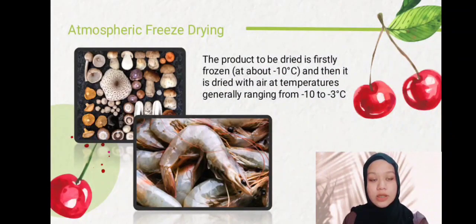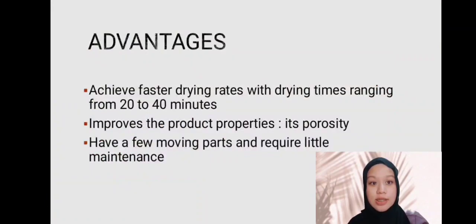Atmospheric freeze drying is to dry mushrooms, shrimp, and also carrots. First, it will freeze the product at -10, and then it will be dried at an air temperature of -10 degrees Celsius until -3 degrees Celsius.